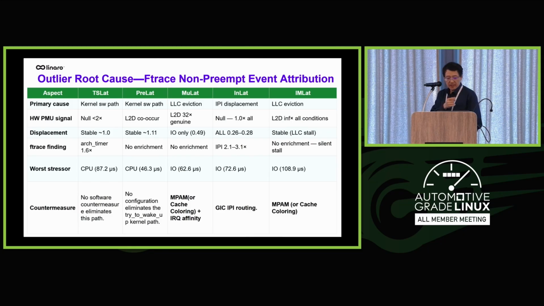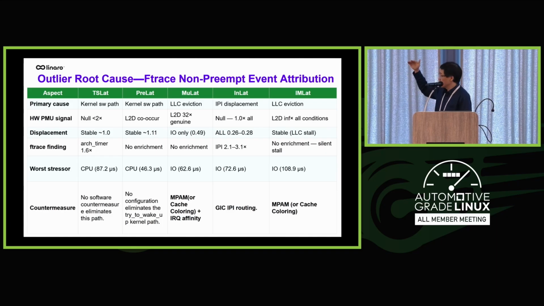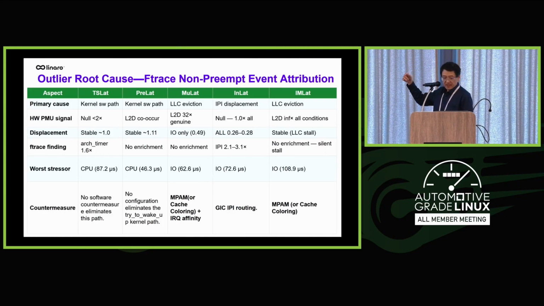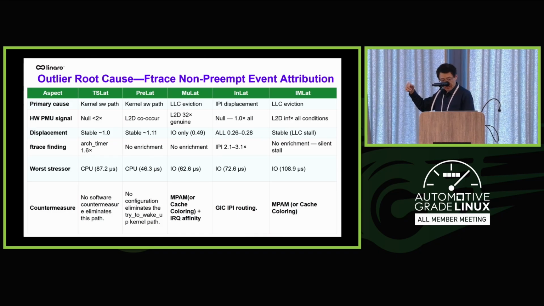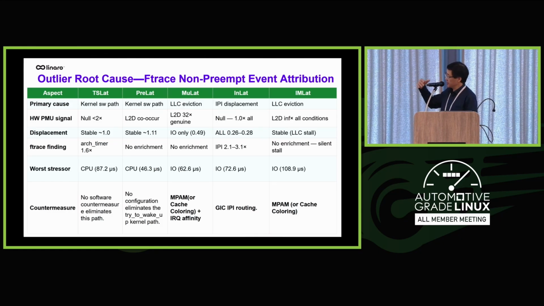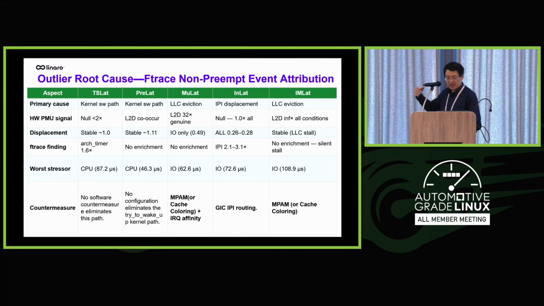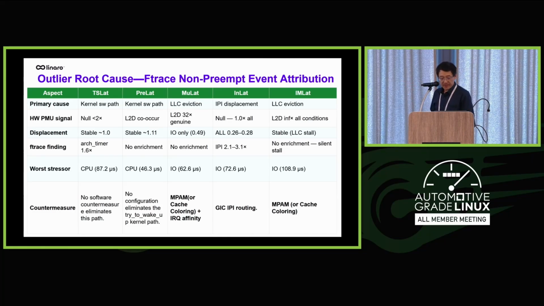For the task switch latency, as I said, no software countermeasure can eliminate this path because it's governed by the architecture. And the task preemption latency is also governed by Linux's own architecture. There's no configuration that can eliminate the non-preemptible try-to-wake-up kernel path.